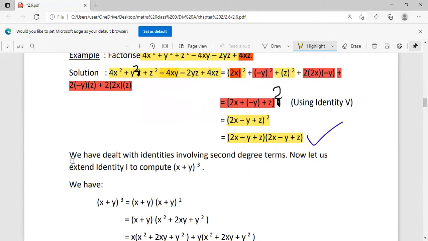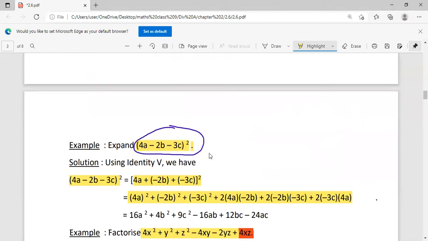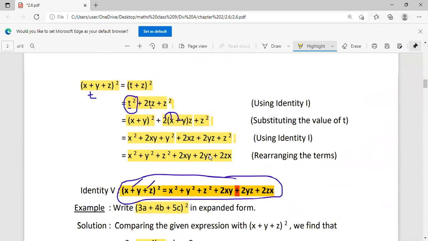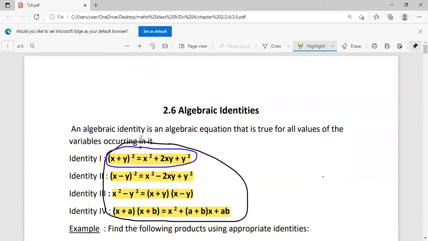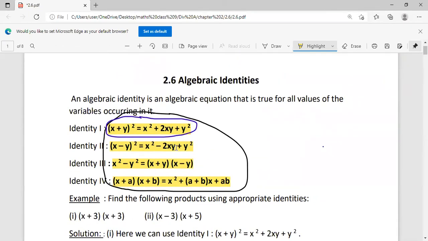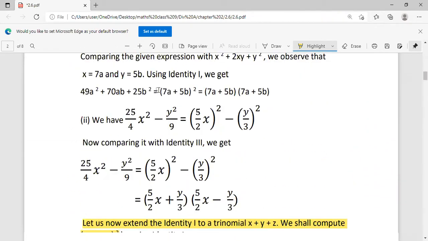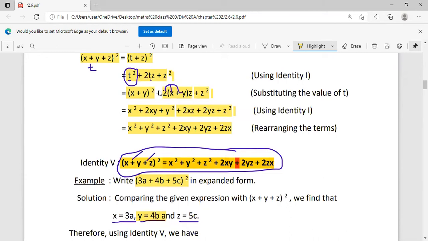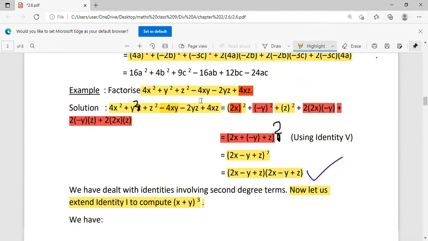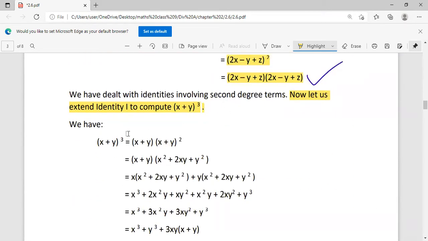But now we are going to extend the first identity to compute x plus y whole cube. And that's why I told you earlier, the first 4 identities are very important, because from these 4 identities you can generate the remaining identities also. Okay. Now, we are going to expand it.